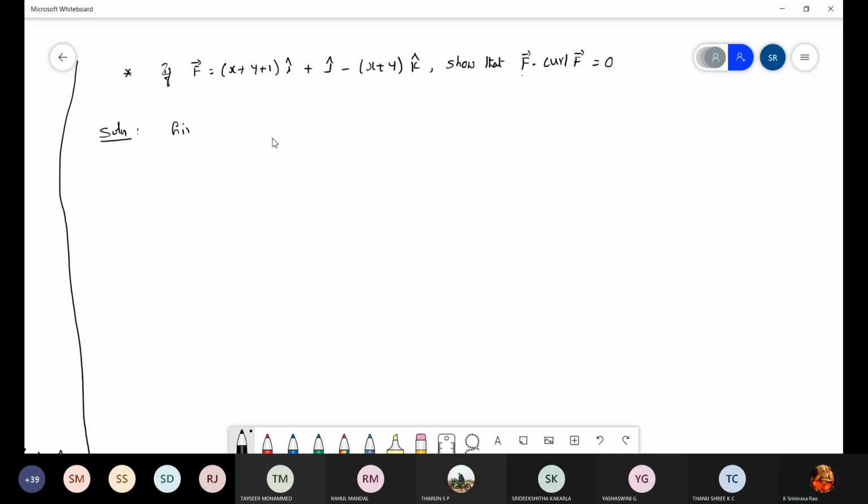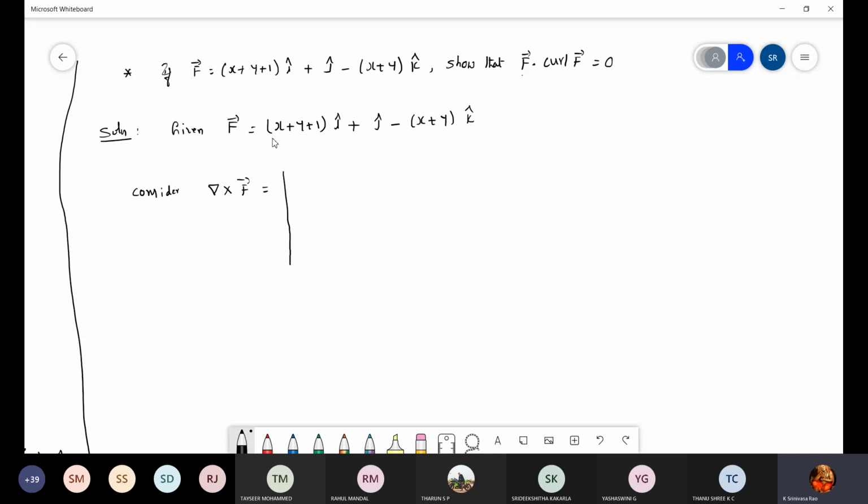Given f equals (x plus y plus 1) i cap plus j cap minus (x plus y) k cap. Consider curl f. Whatever they ask in word form or symbolic form, you convert it, and that helps to write the formula.